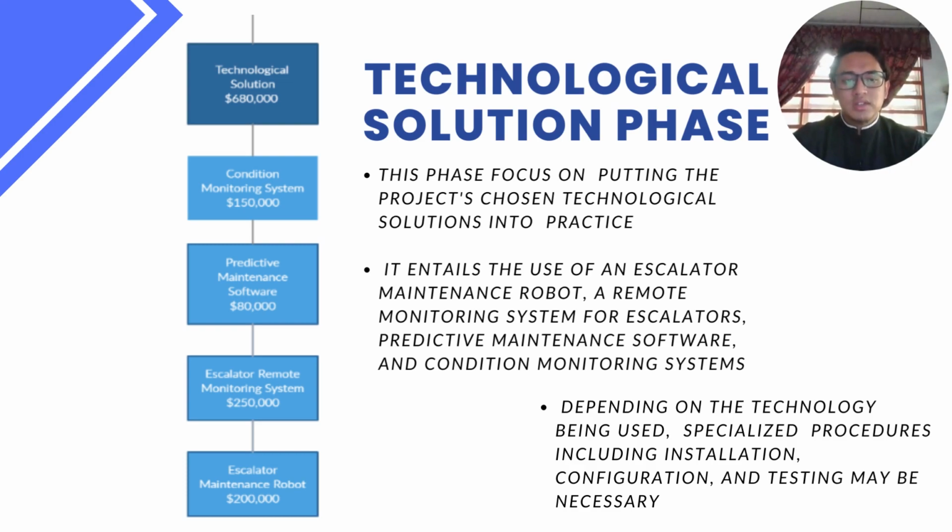It ensures the use of an escalator maintenance robot, a remote monitoring system for escalators, predictive maintenance software, and condition monitoring system, like I explained just now. Depending on the technology being used, specialized procedures, including installation, configuration, and testing, may be necessary in this phase.